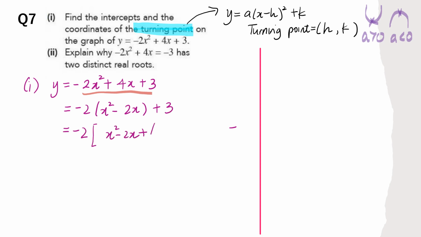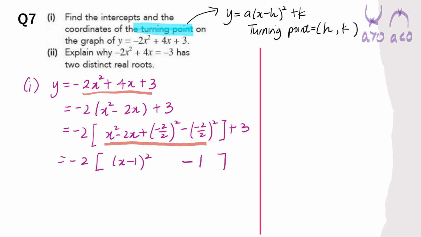Then the next thing is that we apply the method. We need to add the coefficient of x, which is negative 2, divide by 2, square it. You need to add that, then take it away. And not to forget also, we still have a plus 3 there.